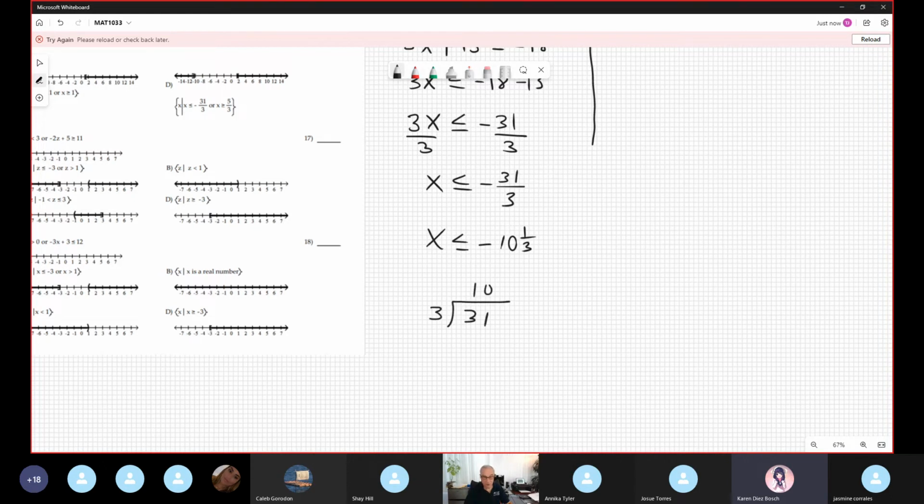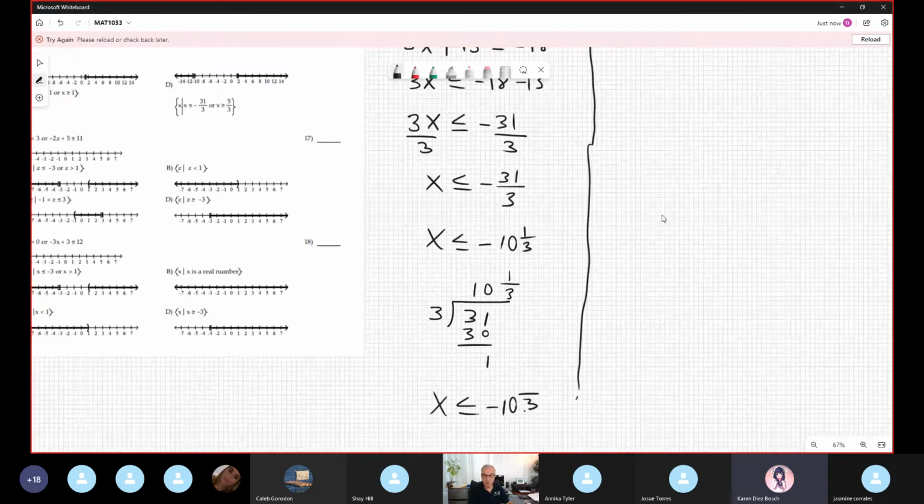It's obvious: 10, 30, and the remainder is 1. This is 1/3, and 3 is the divisor. Or you put it in the calculator and get the decimal. Another way is minus 10.3 repeated. But this is not important. Do you follow me?